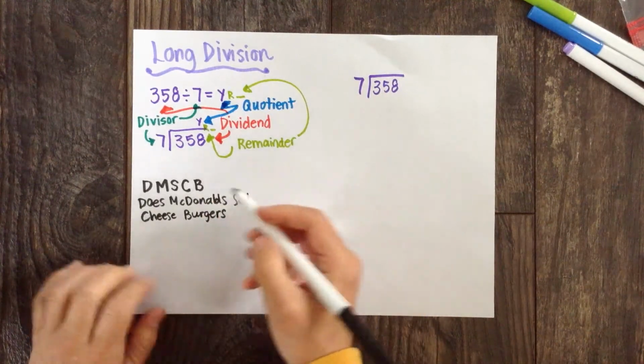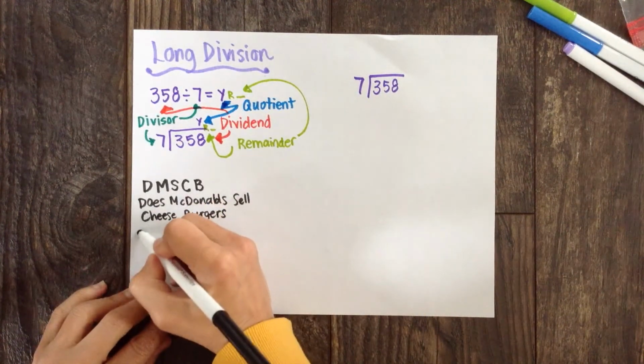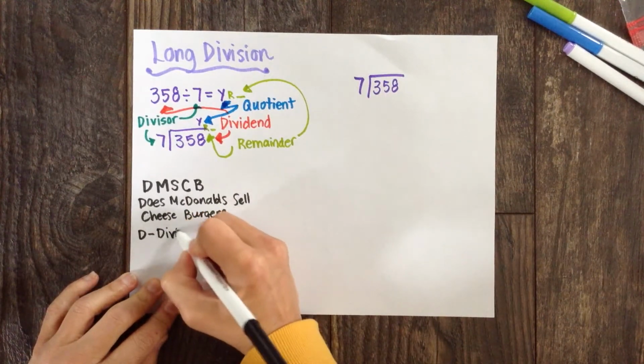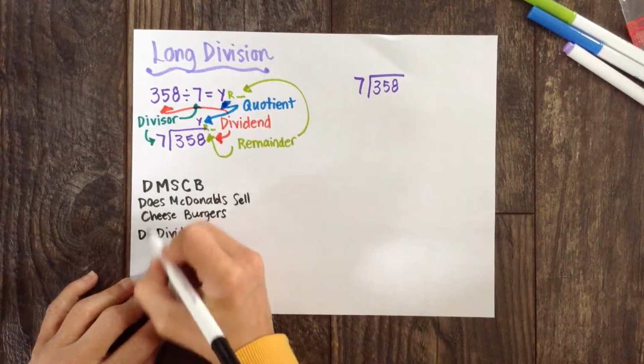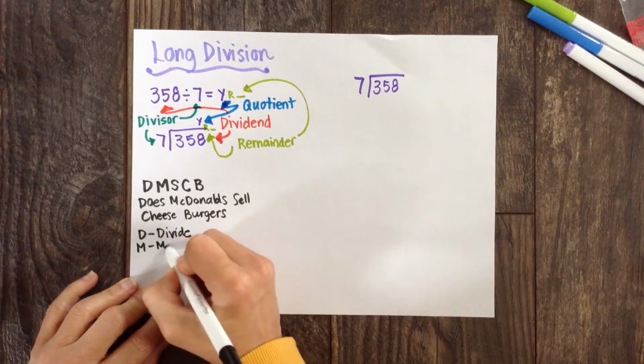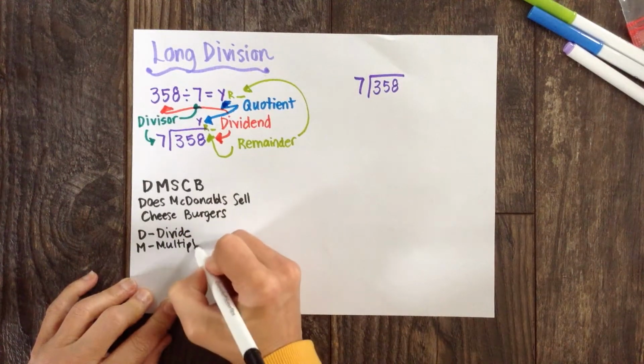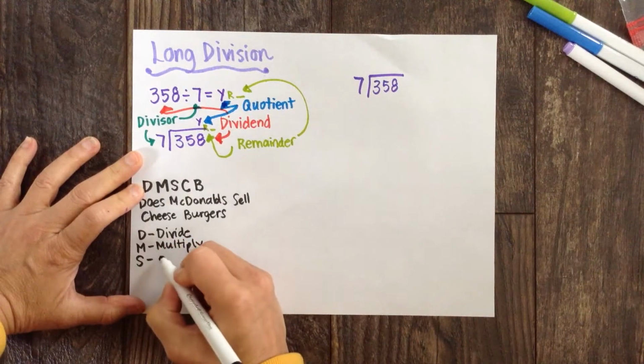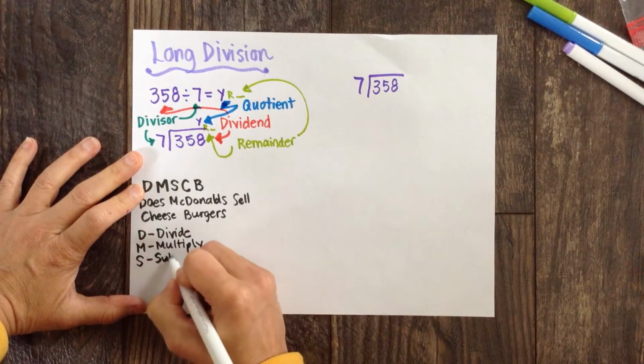So let's go ahead and make a note of what those mean. Our D means that we are going to start by dividing. Okay, we move on to then multiply. S, did you say it? Are you with me? Subtract.